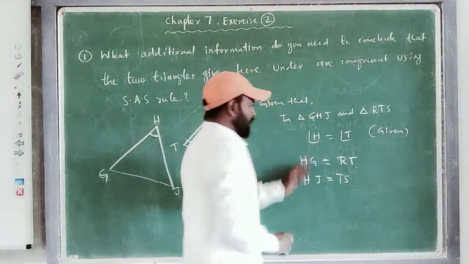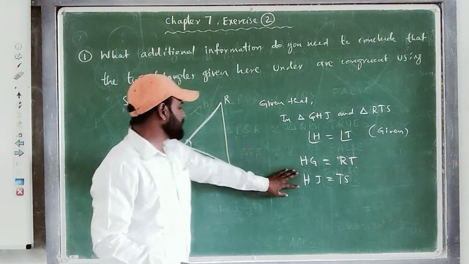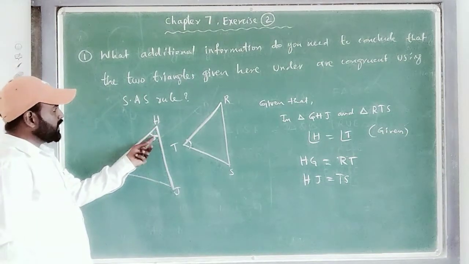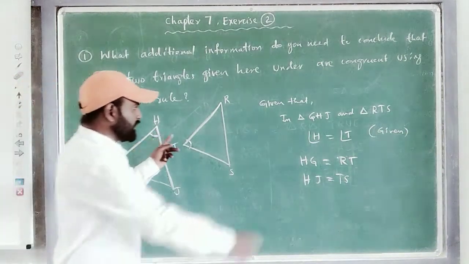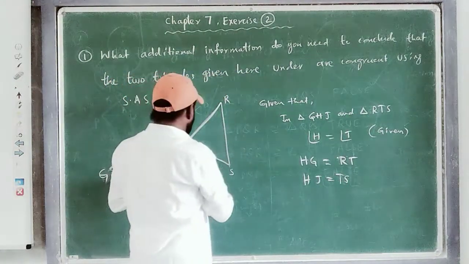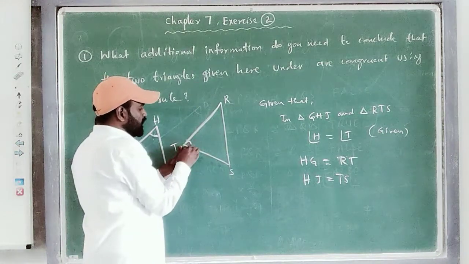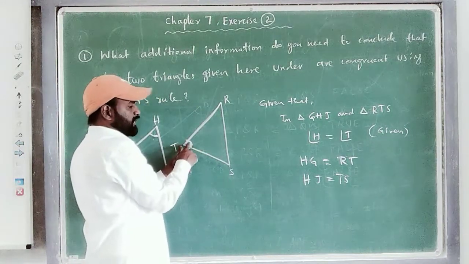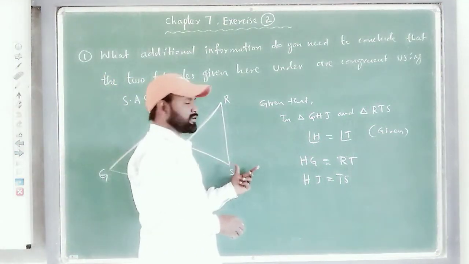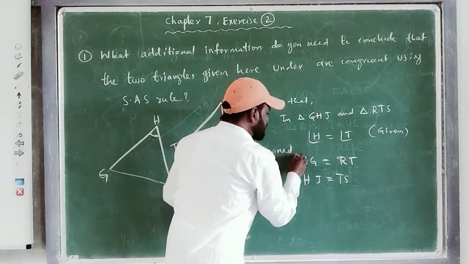So by writing these two, HG and HJ, because of these two sides only, this angle is made. Here in the right hand side triangle RTS, RT and TS or ST, whatever you can say, because of these two sides, this angle is made. So by SAS rule, to say these two triangles are congruent, we need this information.